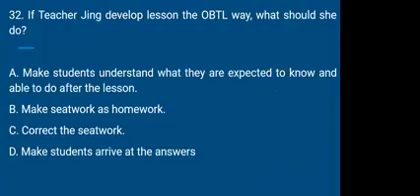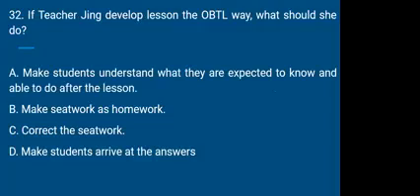Letter A, make students understand what they are expected to know and able to do after the lesson. Letter B, make seat work as homework. Letter C, correct the seat work. And for letter D, make students arrive at the answers. So again, if Teacher Jing daw developed the lesson in the OBTL way, what should she do?